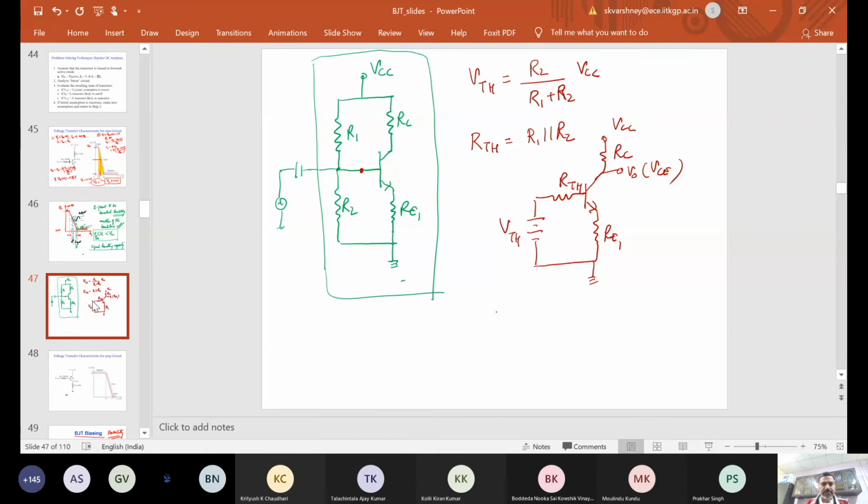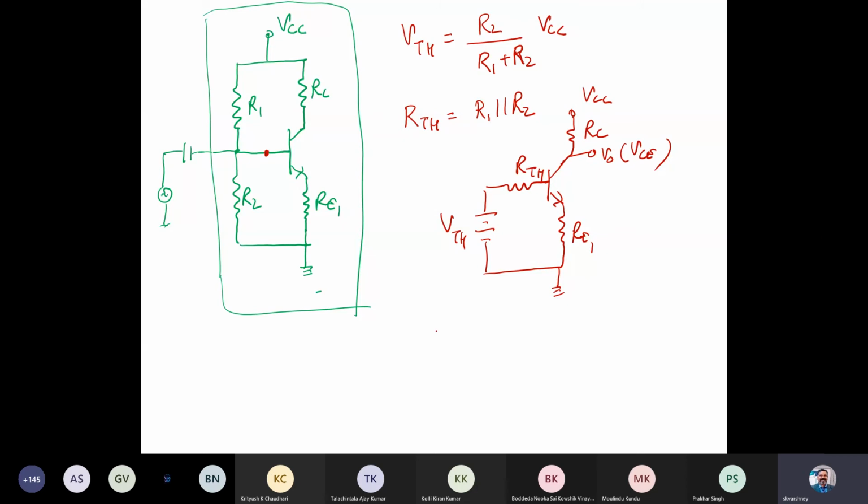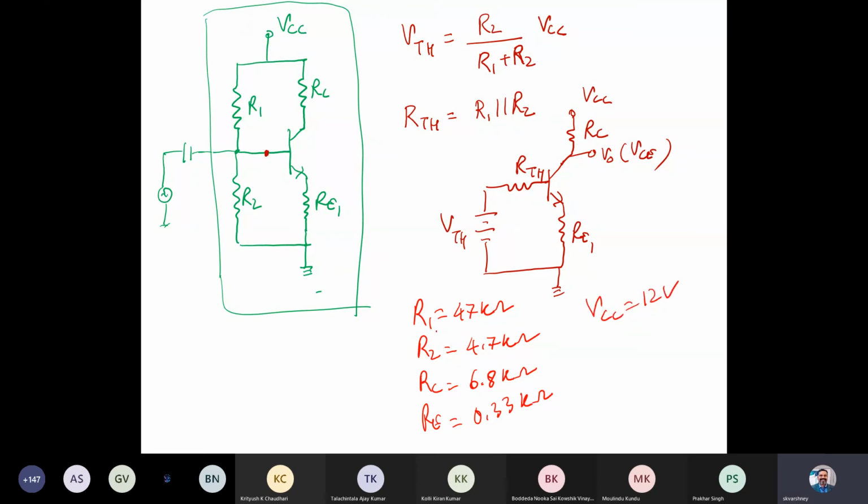Yeah, can you obtain? So R1 is 47 kilo ohm, R2 is 4.7 kilo ohm, RC is 6.8 kilo ohm, RE is 0.33 kilo ohm, VCC is 12 volt, and let's say beta is 100.